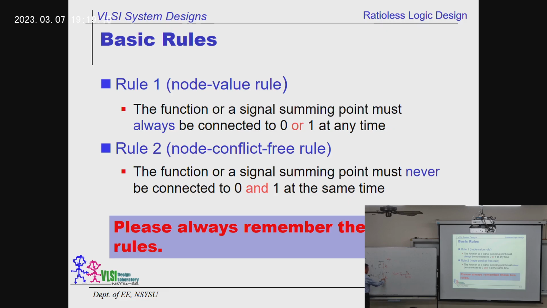How do we decide RA and RB? It depends on the size, WA over LA, WB over LB. Let's assume that the lengths of both transistors are the same. So what you're going to get is this. Is that correct? Okay.